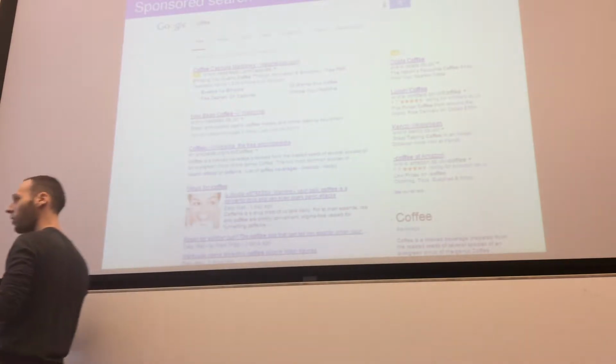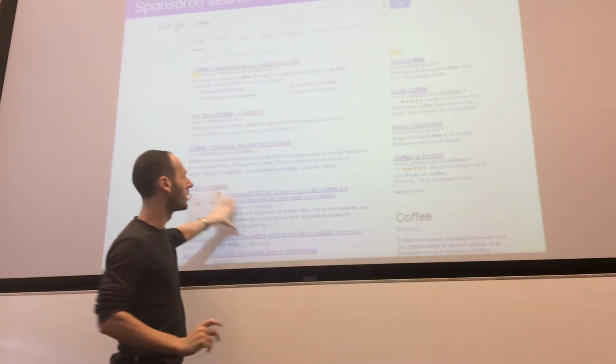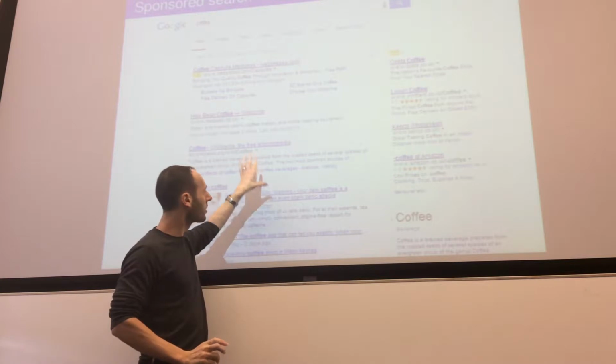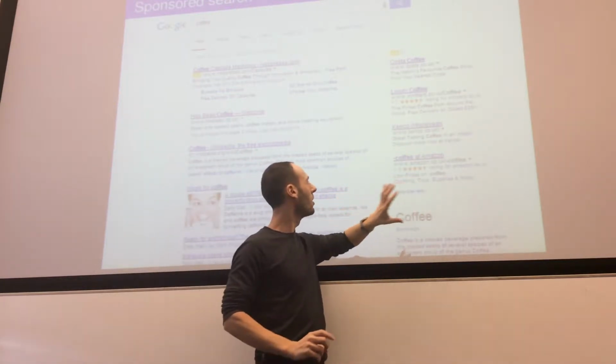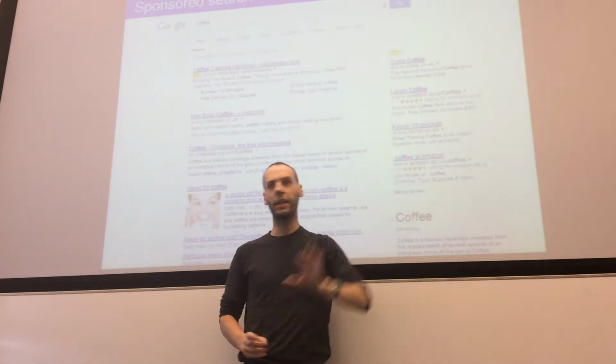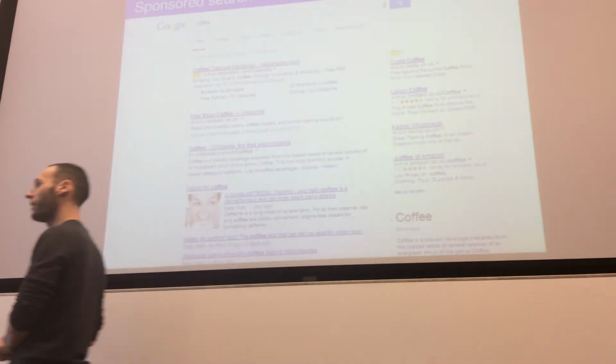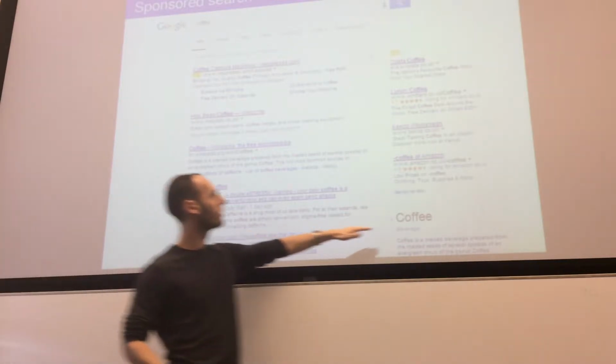Okay, these are called sponsored advertisements, and this is a very different system from the unbiased results. So these are biased in the sense that advertisers will pay money to be displayed. Typically, the more you pay, the higher you come up in the ranking, right?